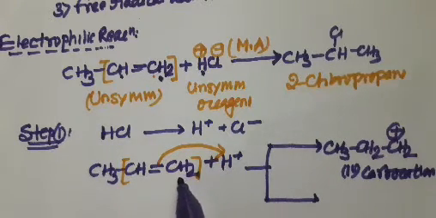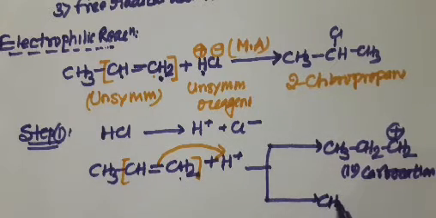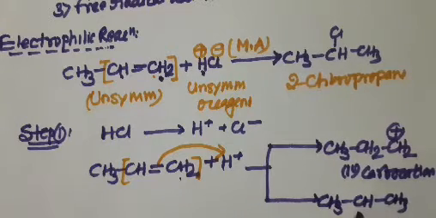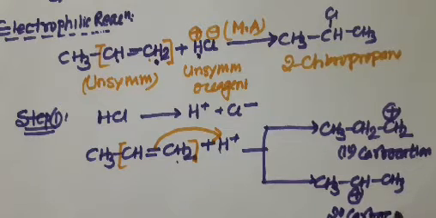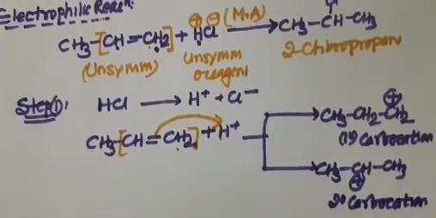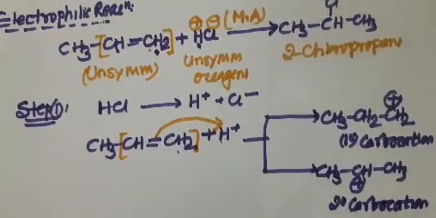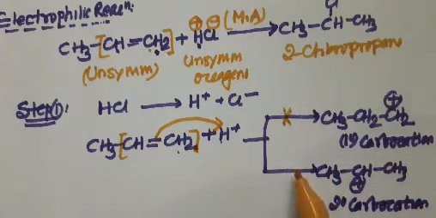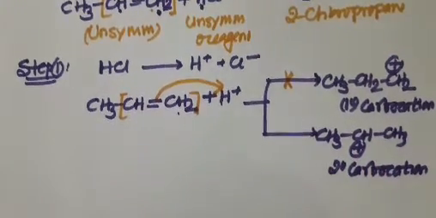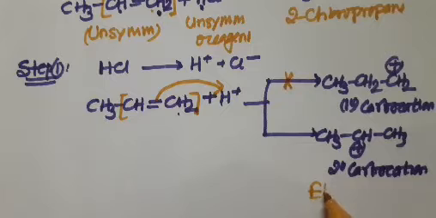And if H plus joins this part of the double bonded carbon atom, then we get 2 degree carbocation. As we have read earlier that higher degree carbocations are stable, therefore we have to choose the second one and the first one we cancelled out, and this is the 2 degree carbocation. It is also electron deficient, so it behaves like an electrophile.